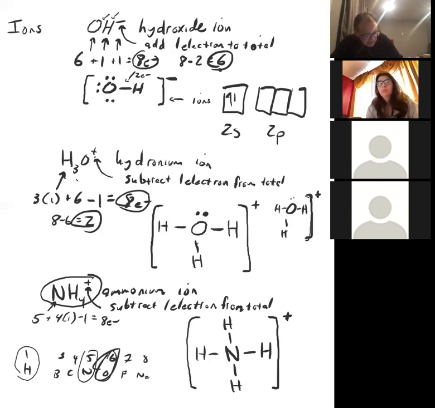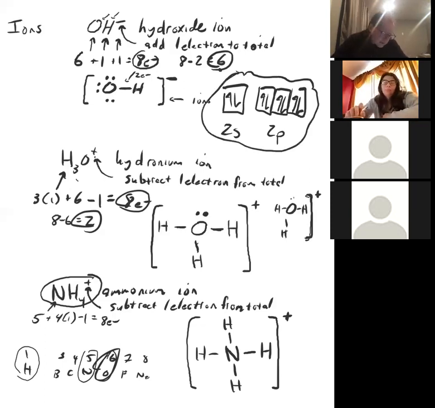By having 8 electrons around the central atom, they're essentially filling out that quantum molecular shell. Remember, that's a shell. So that shell is now getting filled out by having those 8 electrons. So it's pretty common.